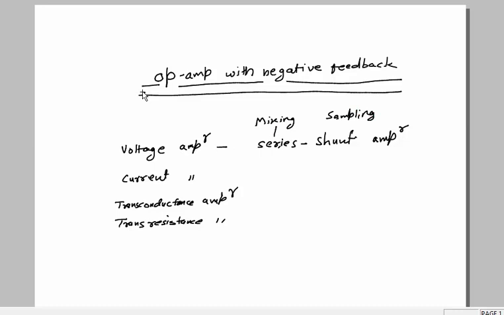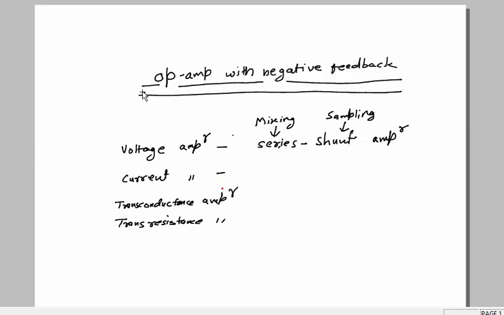So this belongs to mixing, this belongs to sampling. Here in a voltage amplifier, voltage will be mixed and voltage will be sampled. For mixing voltage we need series connection, and for sampling voltage we need shunt connection. Based on this the name is given as series shunt amplifier.